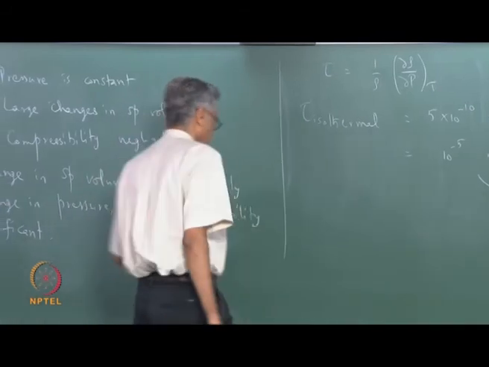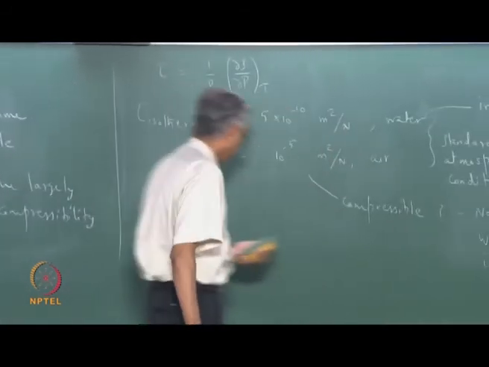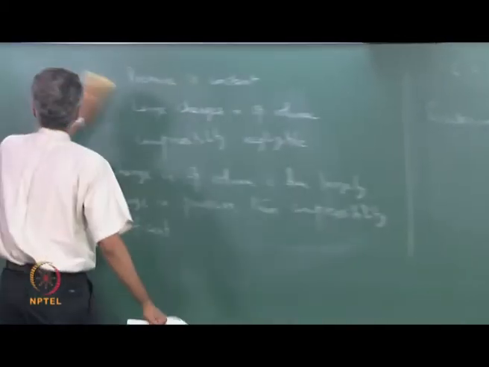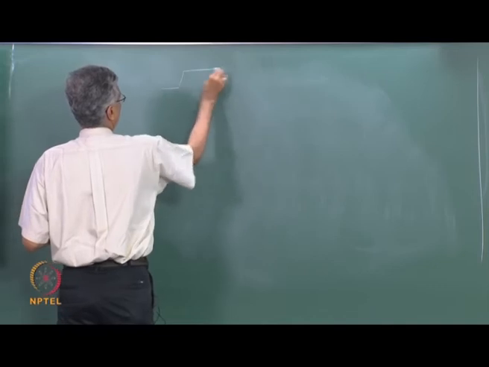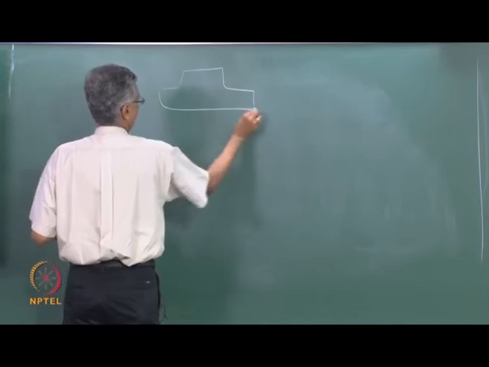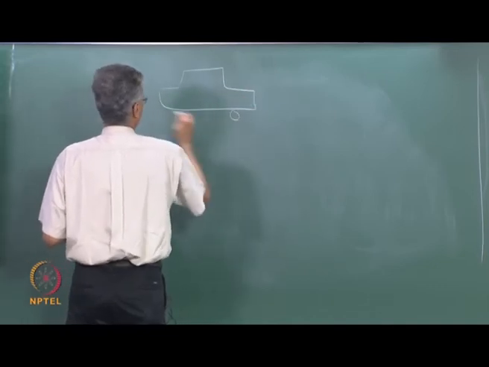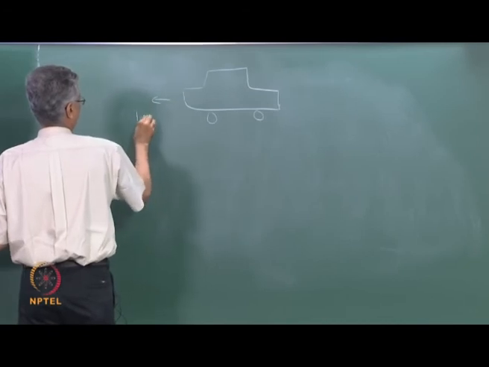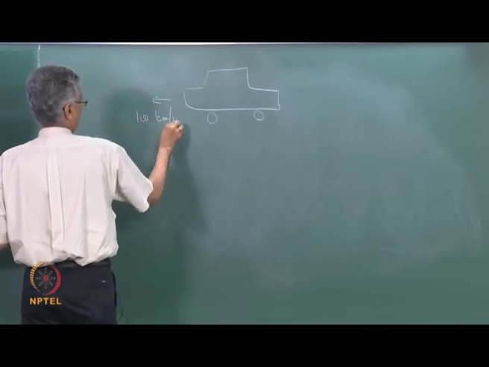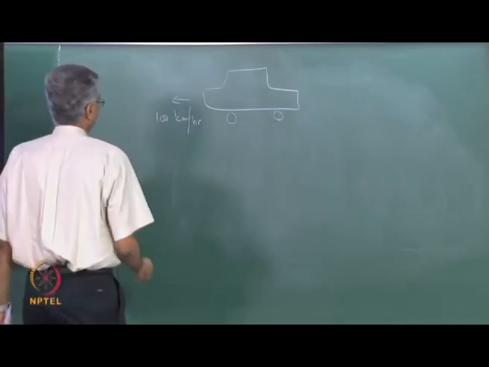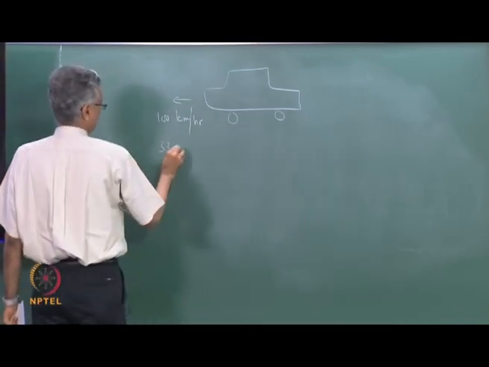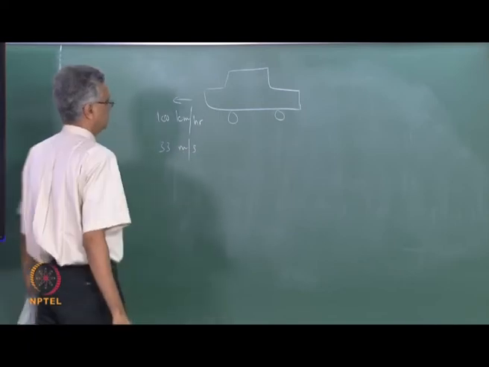Let us take an example. So let us say that you are moving in an automobile. So this is moving at a speed of, let us say, 100 kilometers per hour, right, which works out to roughly about 33 meter per second, roughly, right.